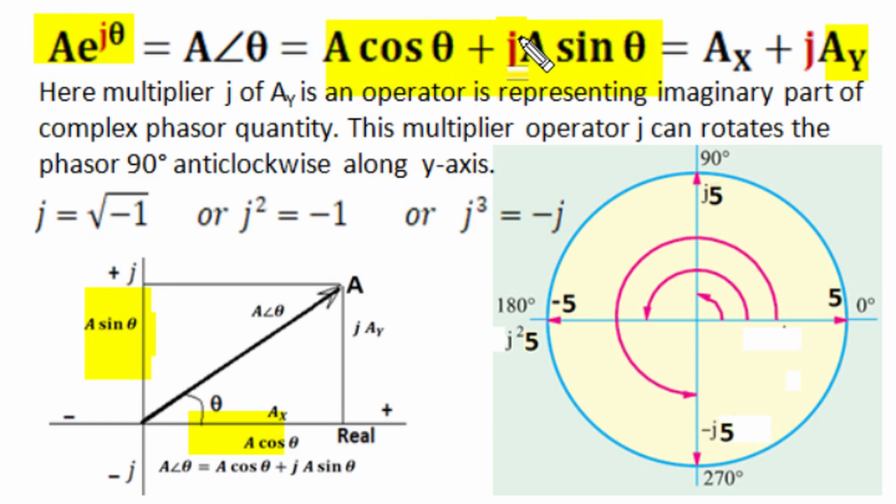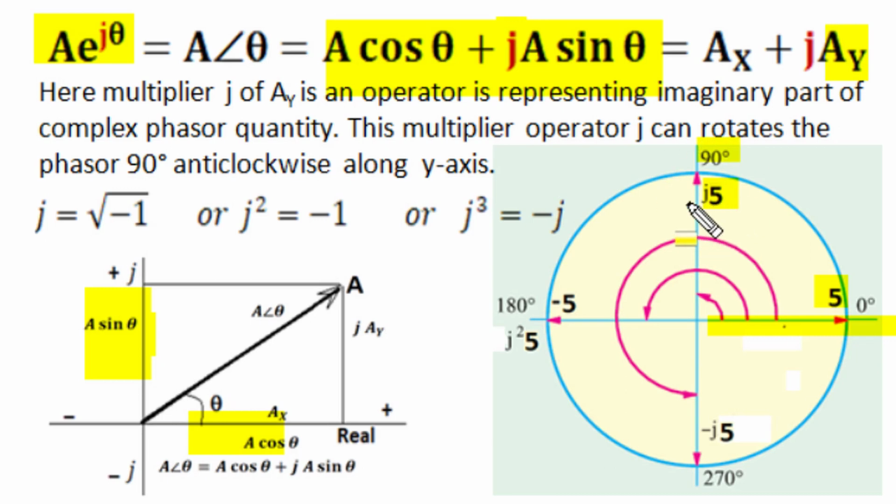In our phasor concept, this multiplier j operator can rotate any phasor by 90 degrees in the anti-clockwise direction. Here we have one vector of magnitude 5 along the horizontal reference line, and if we multiply this 5 with the j operator, then it becomes j5, and with the same magnitude of 5 units, this vector will rotate in the anti-clockwise direction by 90 degrees.